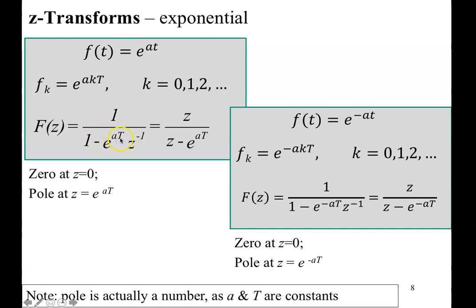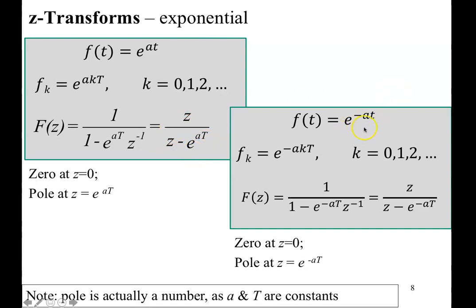If you know a and you know T, then you will be able to calculate that number. If I want to use the positive power for z, then I multiply z to the numerator and denominator, and I get z over z minus e to the power of aT. Therefore, I have a zero at 0. I have a pole at positive e to the power of aT.